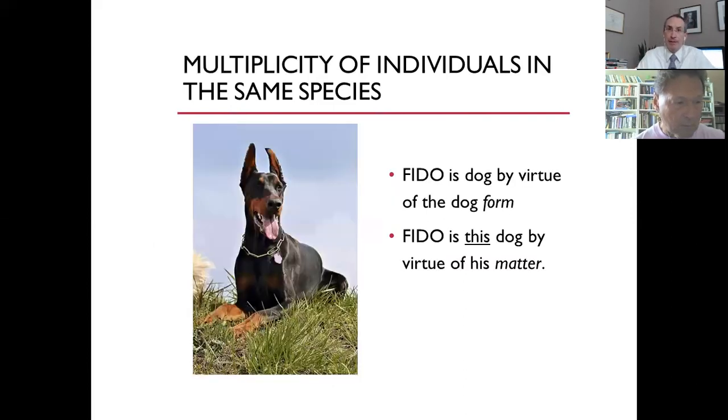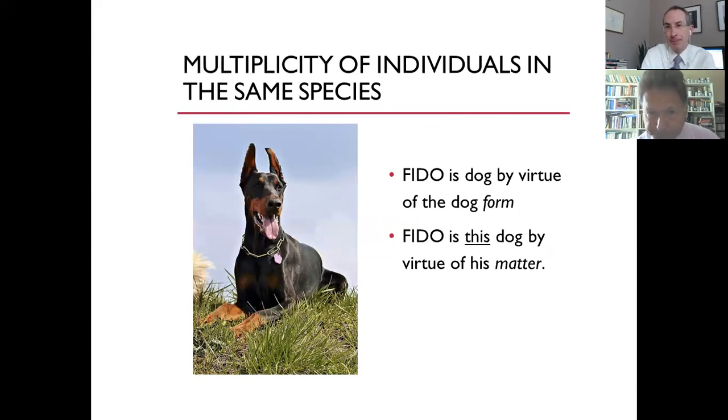So Fido, the dog, is dog by virtue of Fido having the form of dog, the dog form, the substantial form of dog. Okay? And that's what makes Fido be a dog. But Fido is this dog, as opposed to that dog. Fido is this dog by virtue of his matter. Okay?